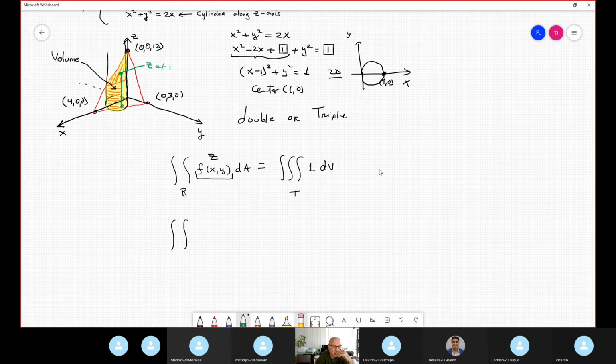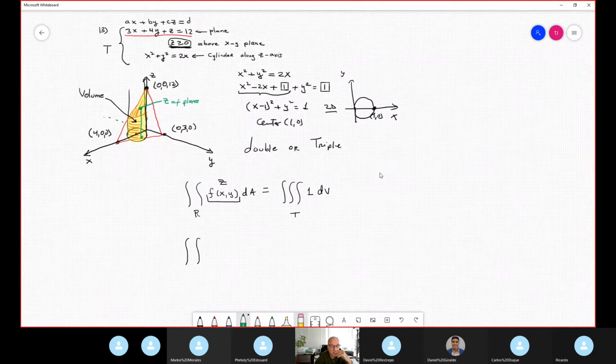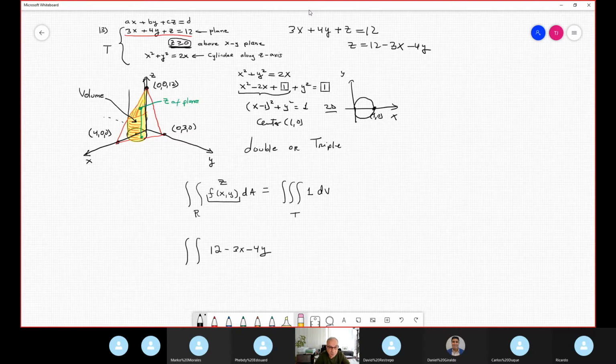For the z of the plane, I go to the equation of the plane, which is 3x + 4y + z = 12. I just isolate the z: z = 12 - 3x - 4y. This is my function, the z value.